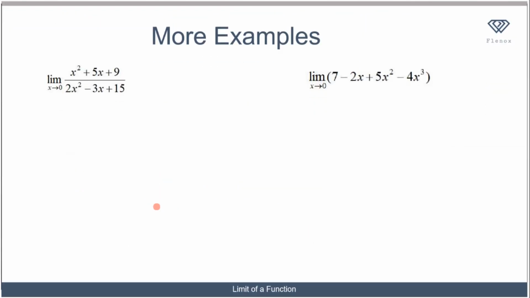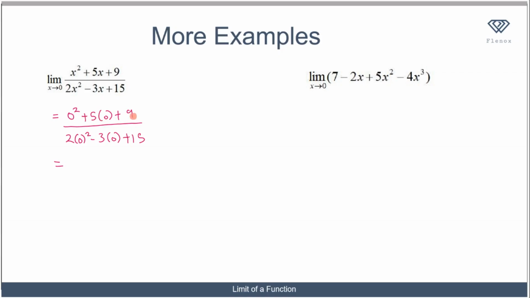Now let's take a look at more examples. In this first example, we are told to find the limit of this expression as x tends to 0. Again, I just substitute the value of x as 0 into the expression. So I have 0 squared plus 5 times 0 plus 9, over 2 times 0 squared minus 3 times 0 plus 15.